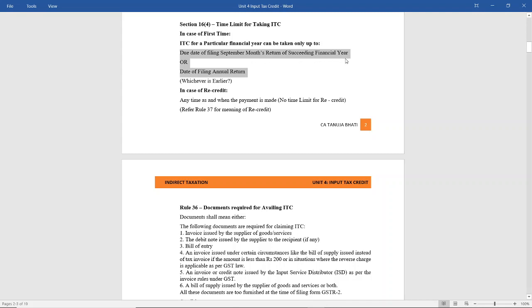You all know that the financial year starts from April to March of the succeeding year. The due date of taking the ITC of one particular financial year will be the due date of filing the September month's return of the succeeding financial year or the date of filing the annual return, whichever is earlier. Suppose you are taking recredit, there is no time limit for that.